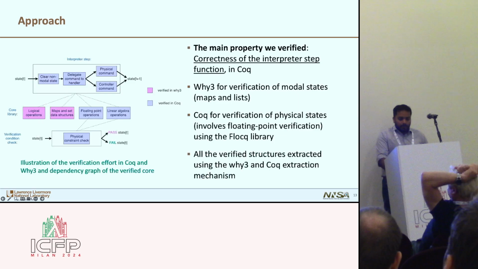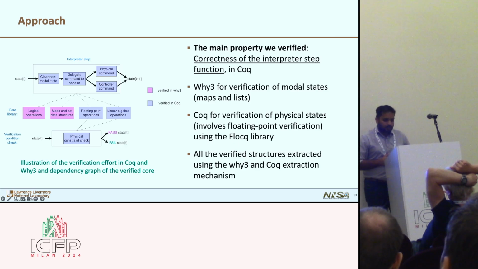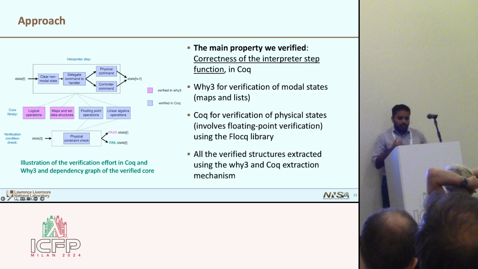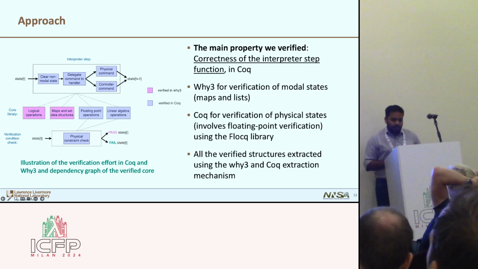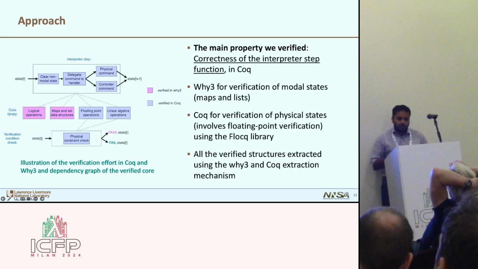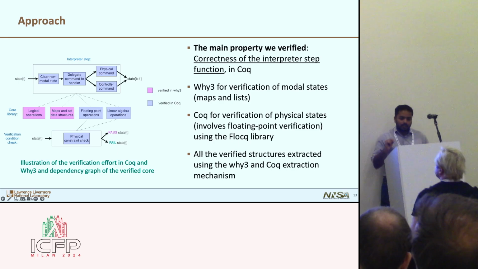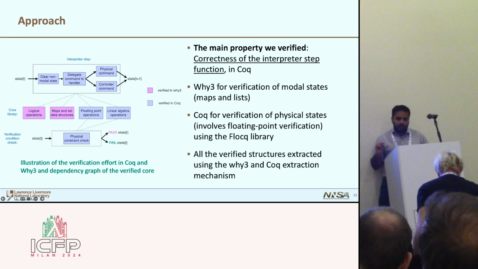So what ended up happening was that we had to use Why3 and Coq together, and this nice diagram on the left-hand side shows how this dependency looks. The main property that we verified here is the correctness of the interpreter step function, which relies on a set of core libraries like logical operations, maps, and data structures, which model the modal states. These green boxes were the ones that we have verified in Why3, which models the modal state.